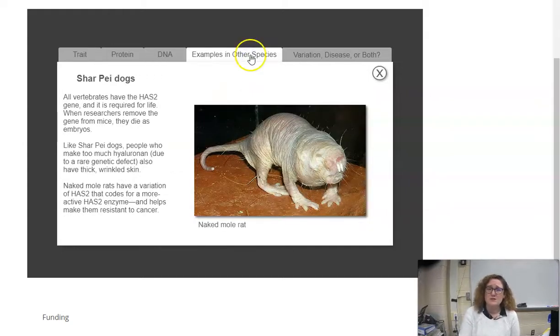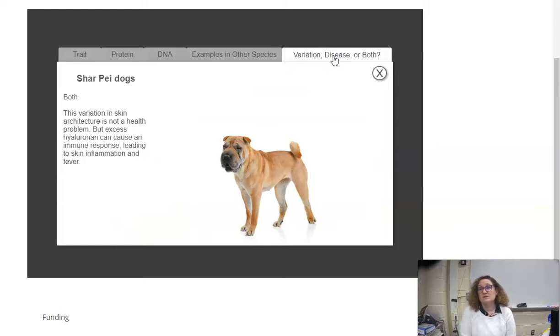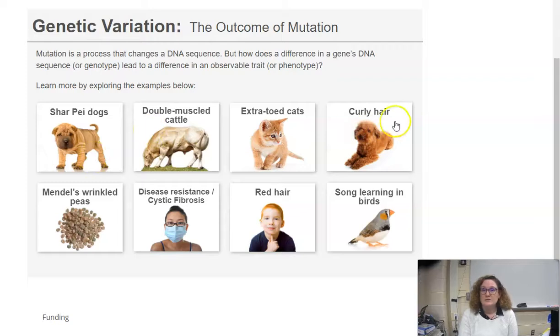Here's some examples in other species, so you can summarize that. And then note whether it's a variation or a disease or both. It can sometimes lead to things like skin inflammation, but it's more just a variation in the structure of the skin. Then you can click the X, go back, and you'll do the same thing with the double-muscled cattle, extra-toed cats, and all the rest of these.